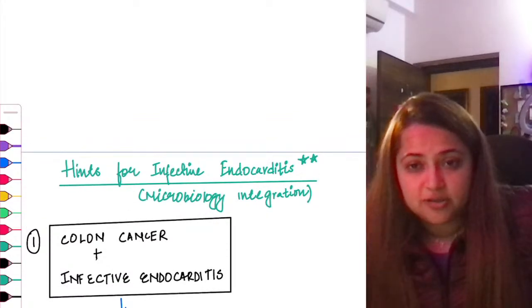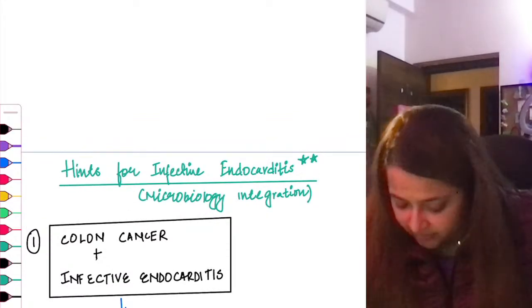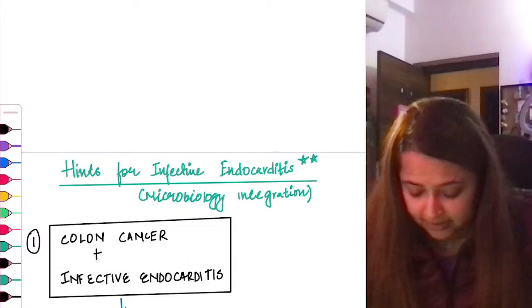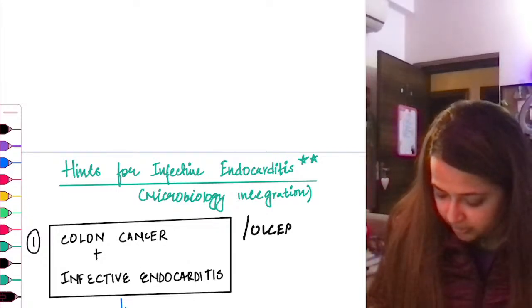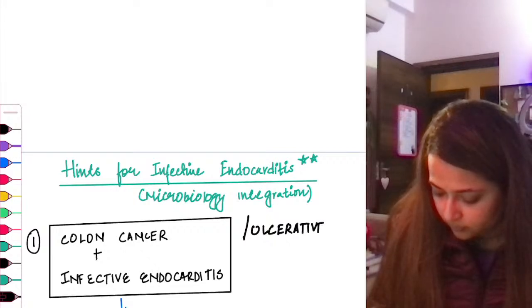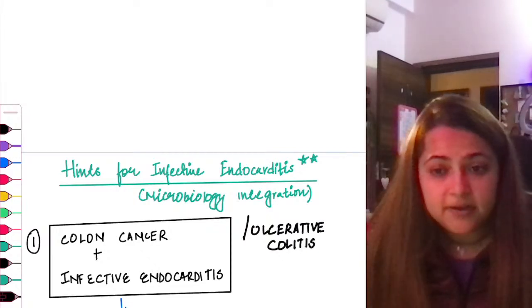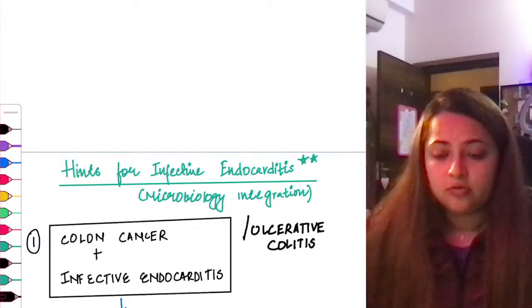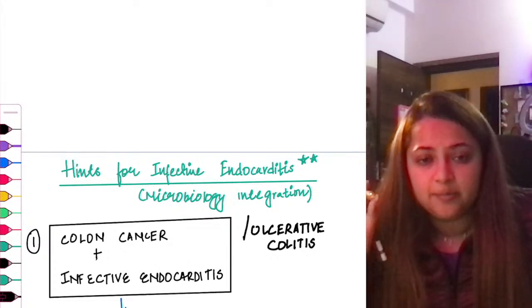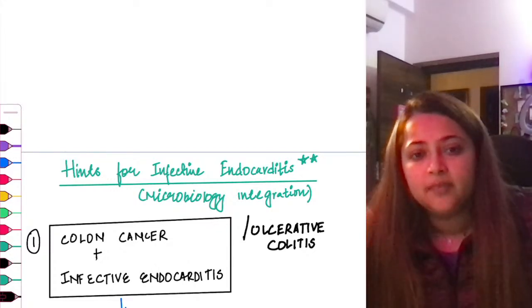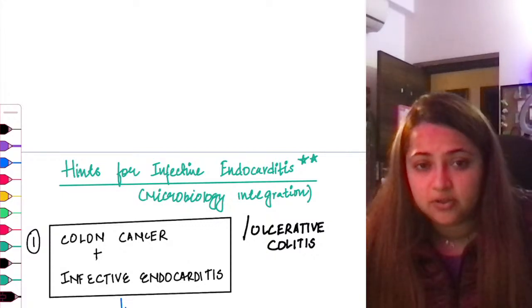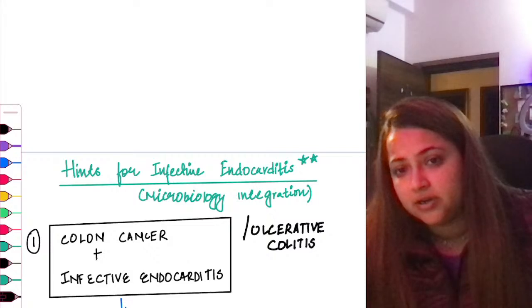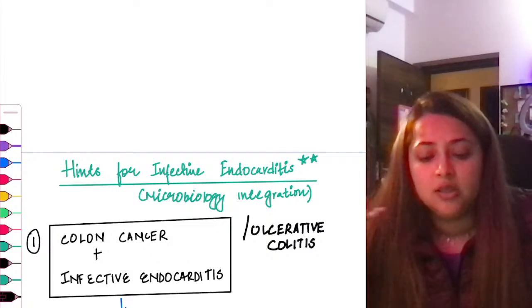if they say that the patient is having colon cancer, or that the patient is having ulcerative colitis, which is also a possibility that could be given, plus infective endocarditis, which organism could be implicated in causing this infective endocarditis?